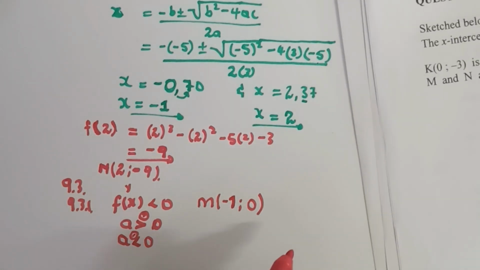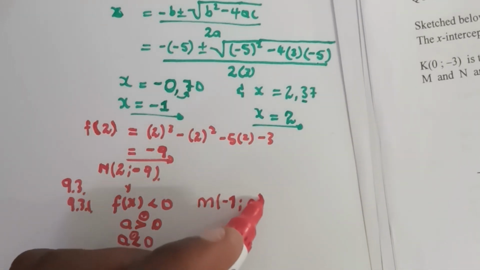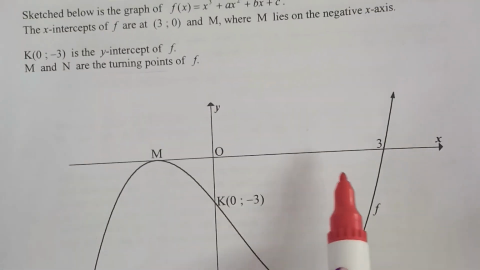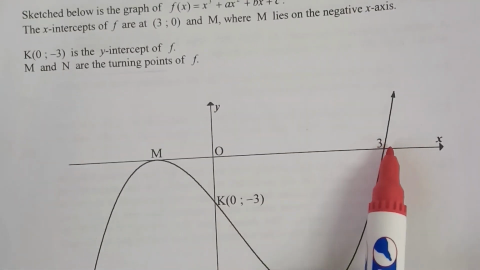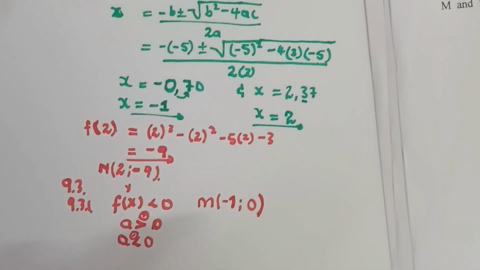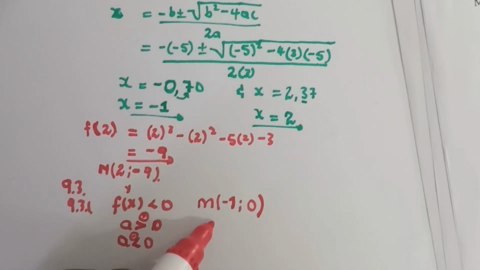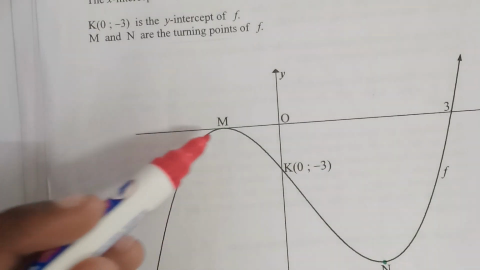So here, and then we have this point that is 3, 3 to 0, and then we should say that our graph is negative. We look at the values of x for which this graph is negative.